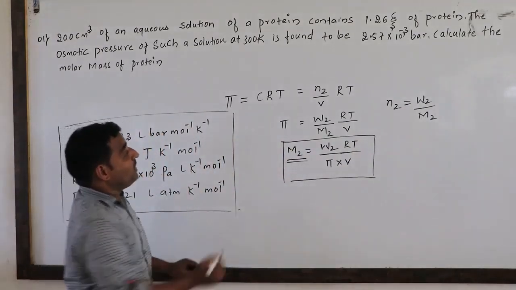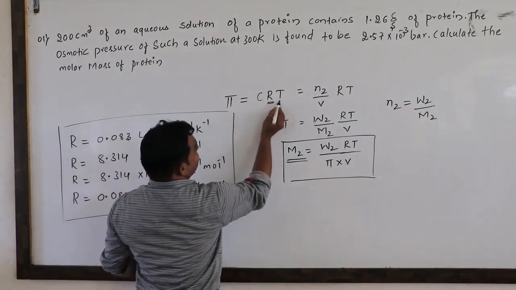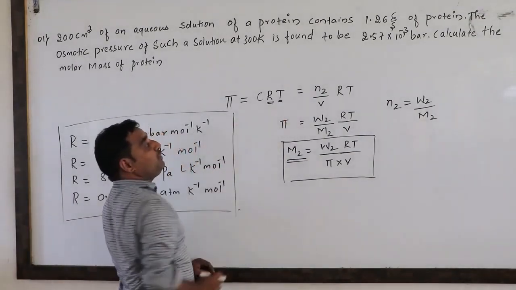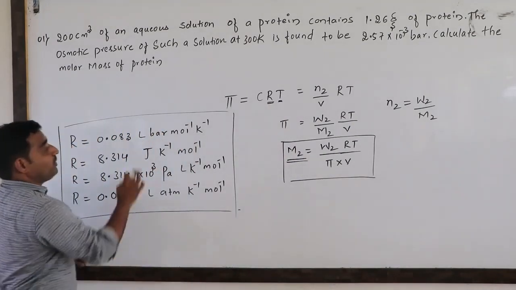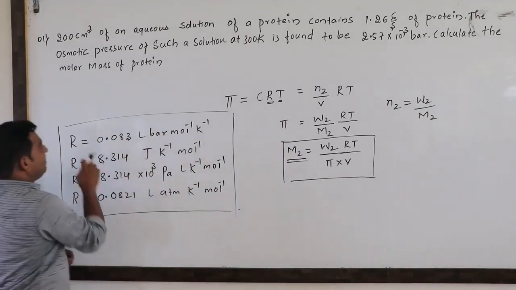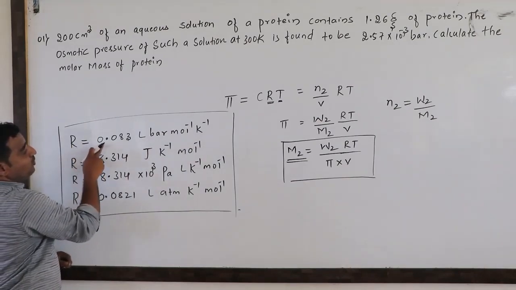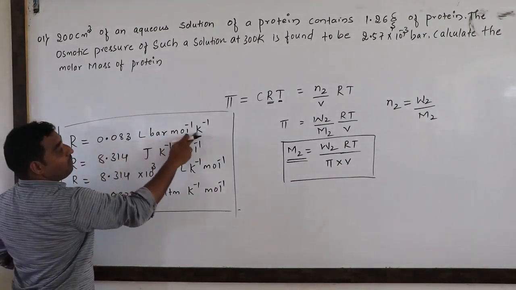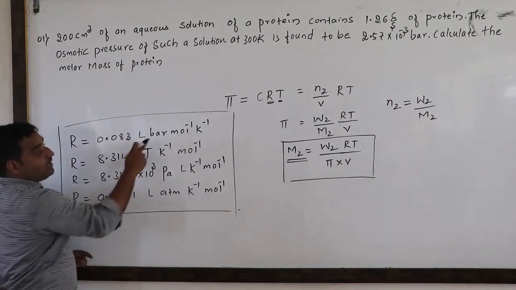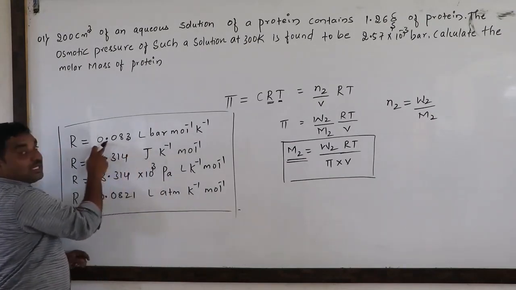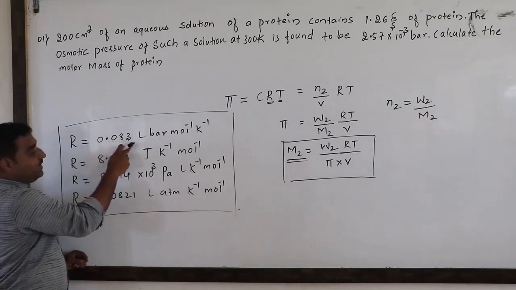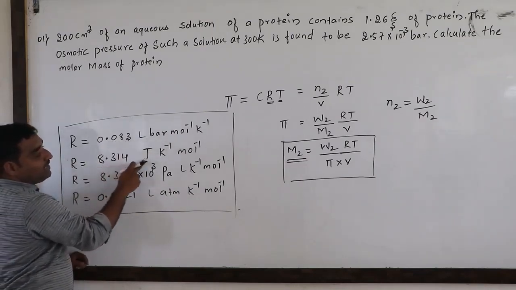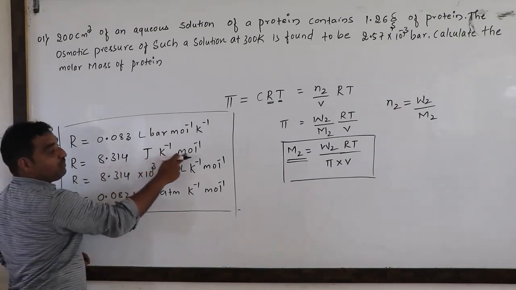And we have to remember here R is the gas constant, T is temperature in Kelvin. The gas constant R has different values for different units. R is equal to 0.083 liter bar per mole per Kelvin when the pressure is given in bar. R is equal to 8.314 when given in joules per Kelvin per mole.